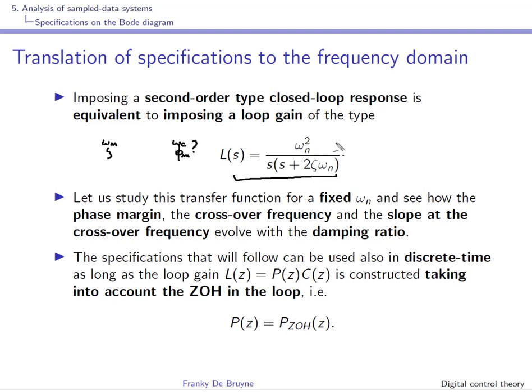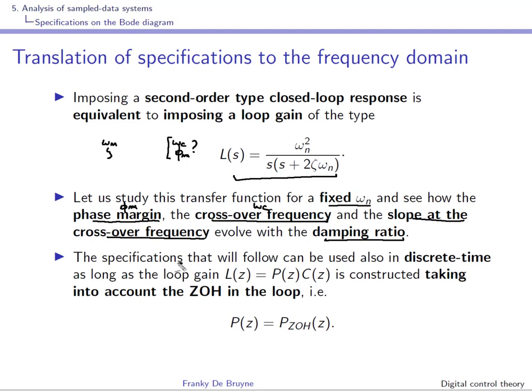So we'll study this loop gain, fix omega n, and see how the phase margin, the crossover frequency omega c, and the slope at the crossover frequency evolve with the damping ratio. We'll obtain curves, a table that will allow you to link the natural frequency and the damping ratio to the crossover frequency and the phase margin.